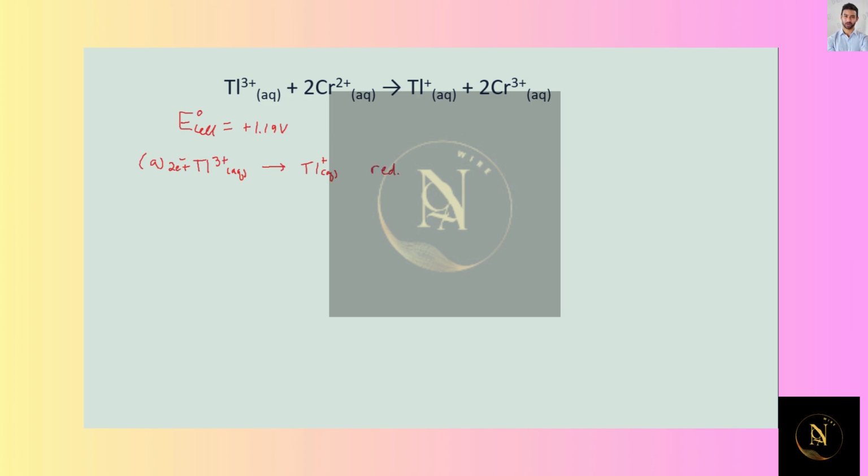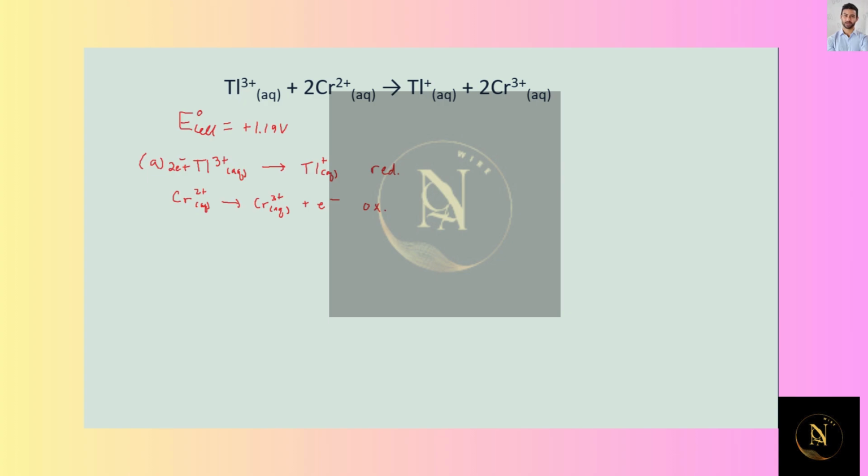The other reaction will be with the chromium 2+ going to chromium 3+, both of which are aqueous solutions. In order to balance that charge, we're going to put 1 electron over on this side. Because we're losing electrons, that is our oxidation half reaction.